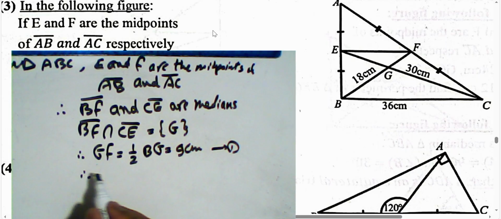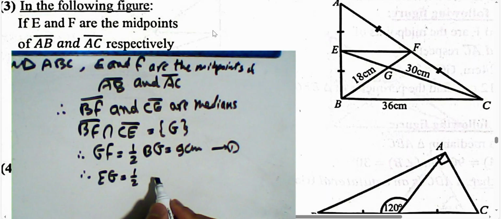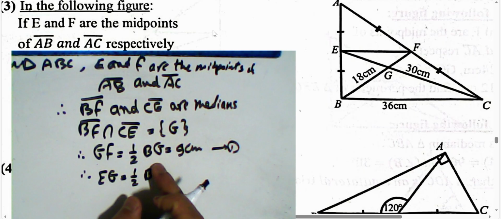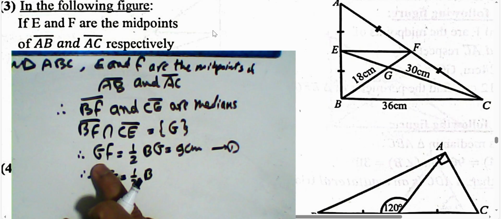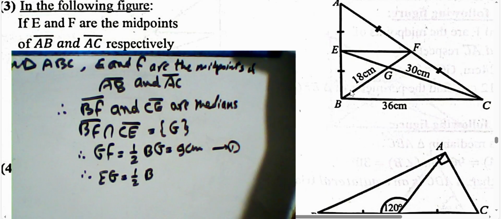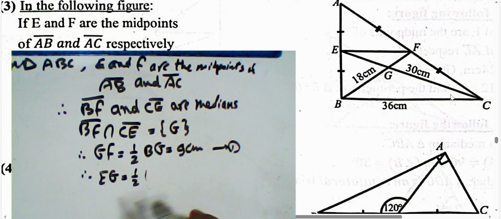And also we have EG half of BG. Wait, we have GF and EG half of, look here, EG is half of EC.